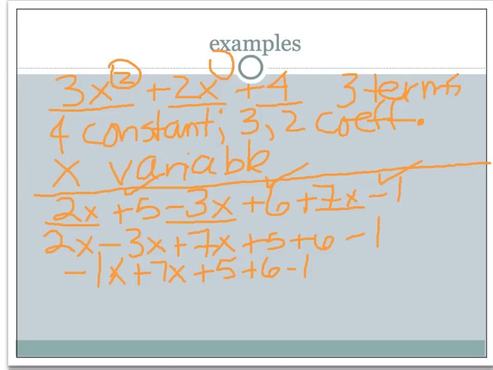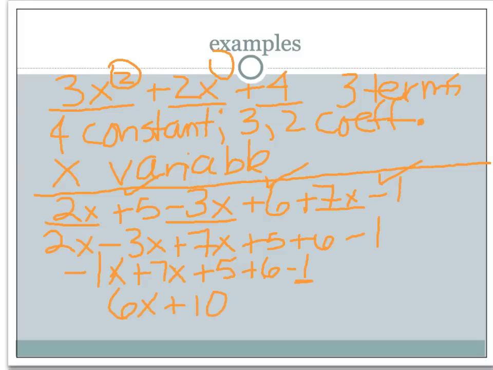Well, I have minus 1x and I add 7x's to it, so that gives me 6x. And now let's just go ahead and add our numbers. Plus 5 and 6 is 11. 11 minus 1 is 10. So that's as simple as it can get.